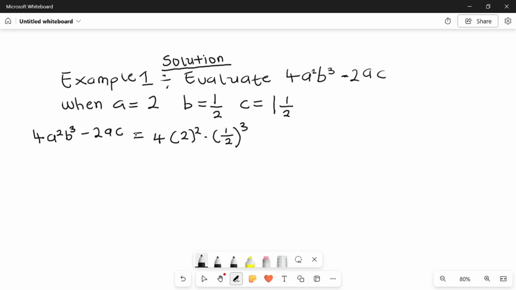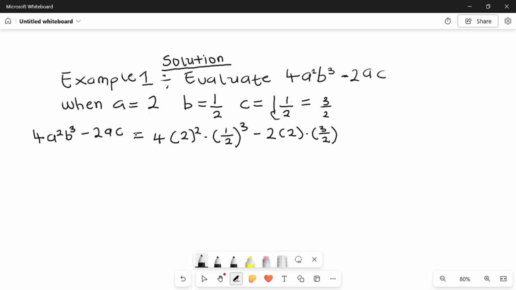Minus 2a. Our value for a is 2, times a, and our value for c is 1.5, which is equal to 3 over 2, since 2 times 1 is 2, plus 1 is 3, which gives 3 over 2.